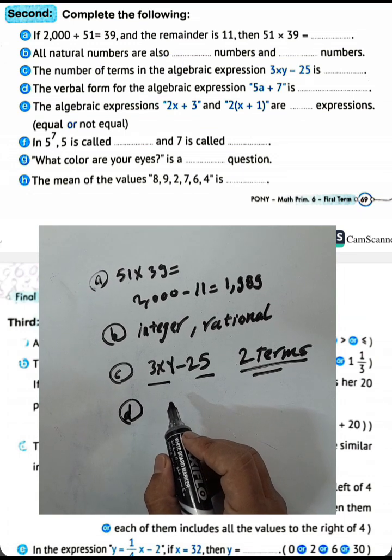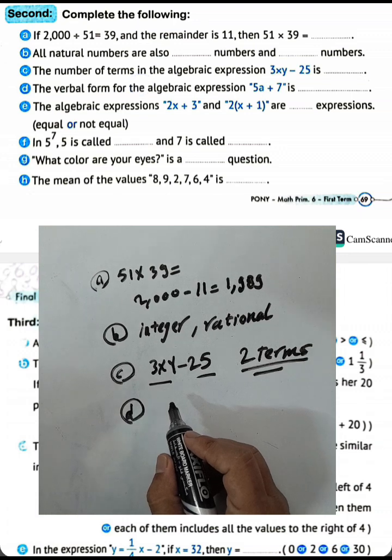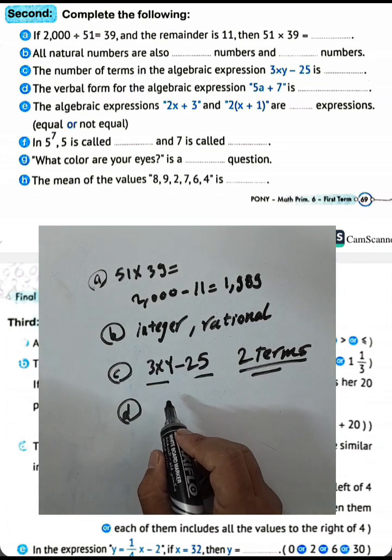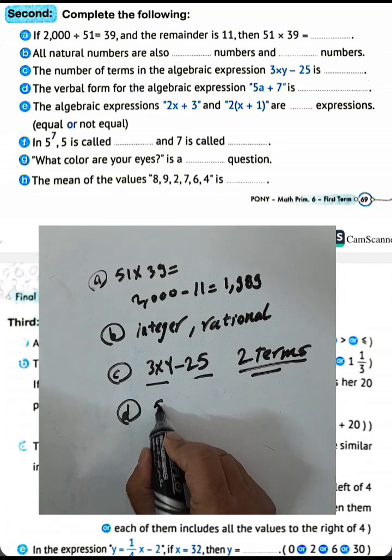Letter D. The verbal form of the algebraic expression 5 product by a, add to 7: 5a plus 7.